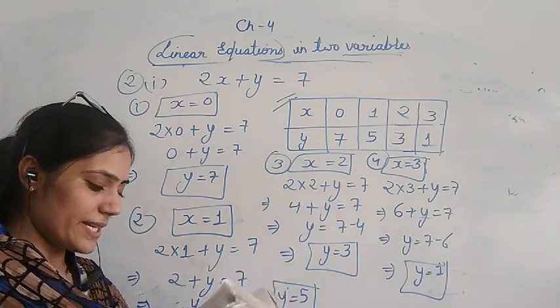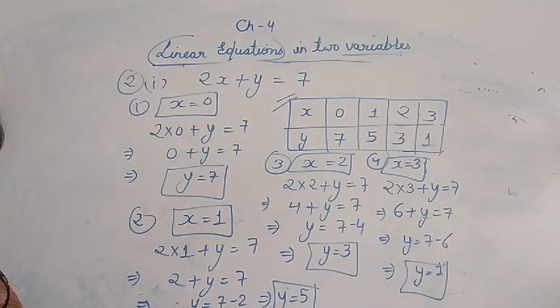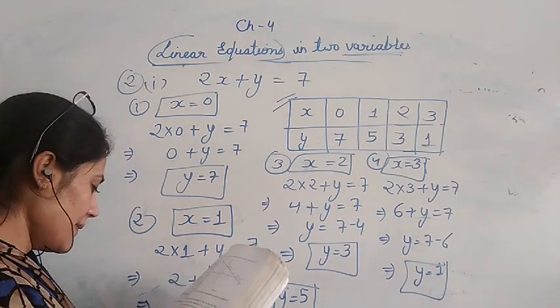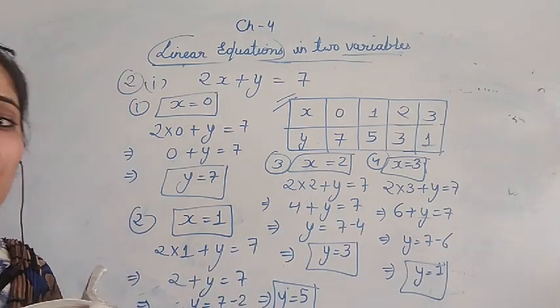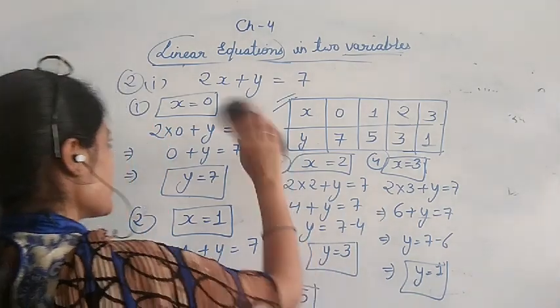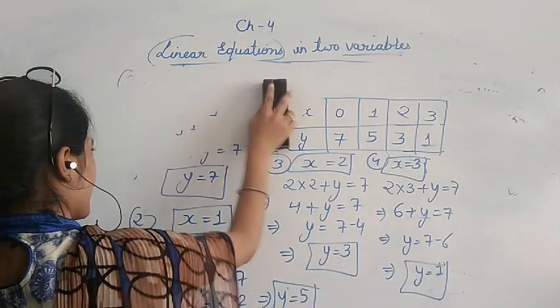Okay. Next thing is how to check the solution of the equation. Question number 3. We have to check whether these are the solutions or not. Yes or no? So how to check it?